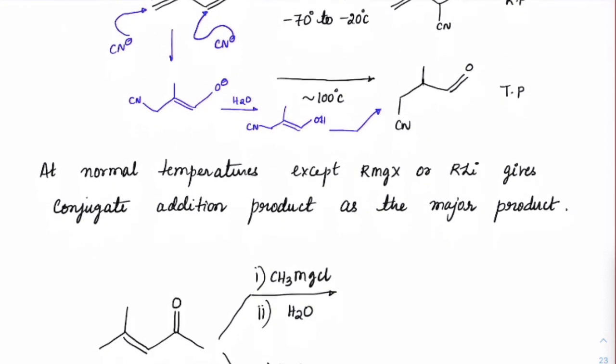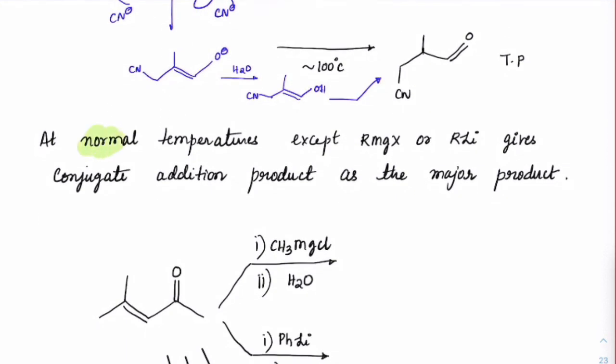Even at normal temperatures, except for a very strong nucleophile like RMgX or RLi, which will still give 1,2 addition, the rest will all give conjugate additions.